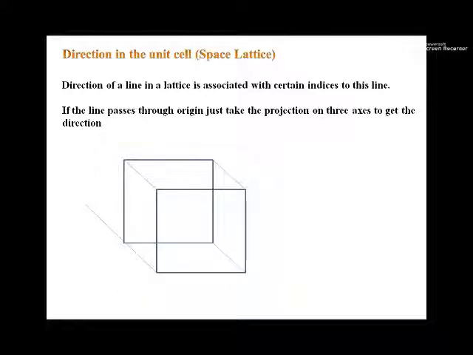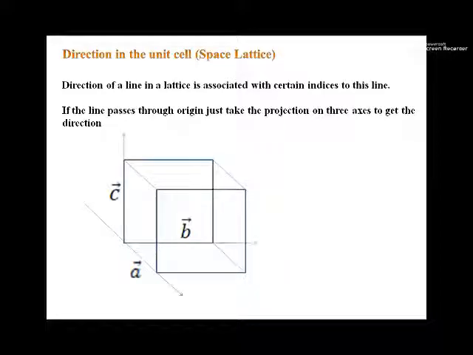Now let us choose this as a unit cell. I extend this unit cell a bit along this side. Now what is the direction, or how could you choose the specific direction in this unit cell? So let us consider a, b, c are basically the unit cell parameters, and obviously as I choose this as a cubic system, all angles are 90 degrees.